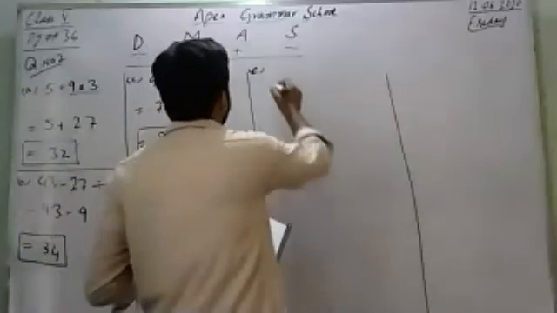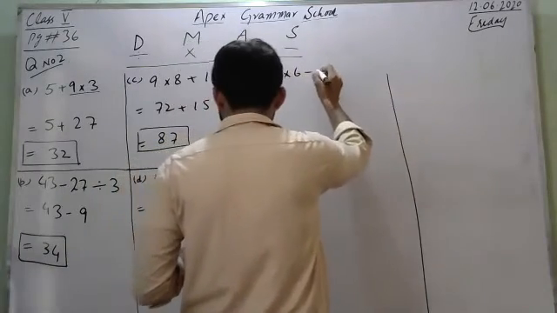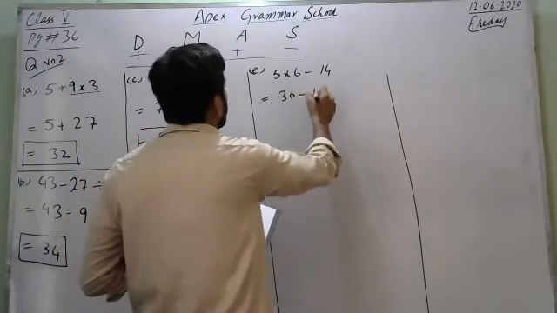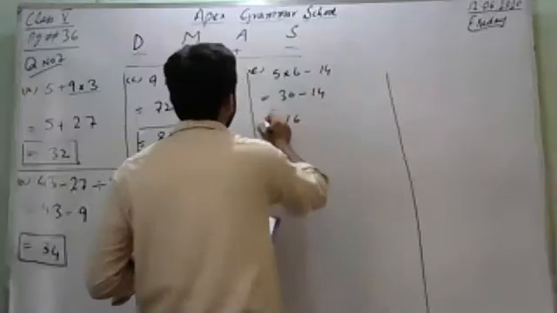E part is 5 multiplied by 6 minus 14. 5 times 6 is 30. 30 minus 14, answer is 16.